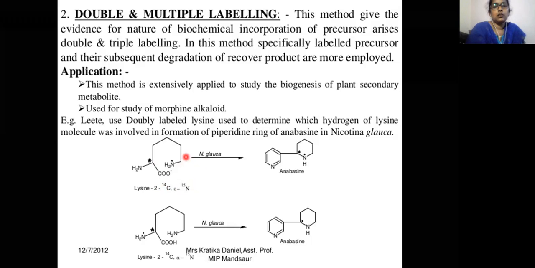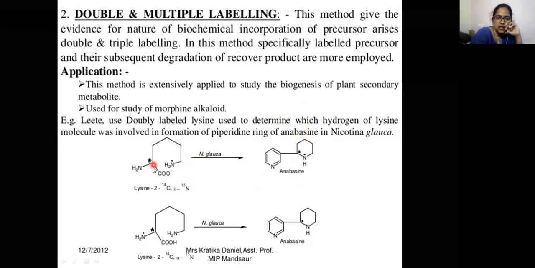So after the formation of anabasine, if you isolate this compound and go for detection, you can clearly see this is our C2 position, and this is attached to the C6 position.